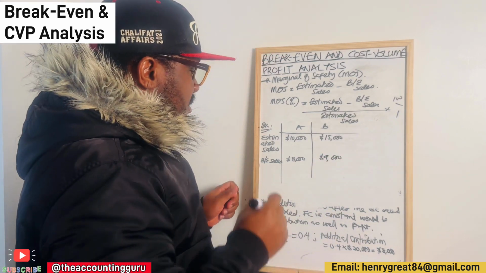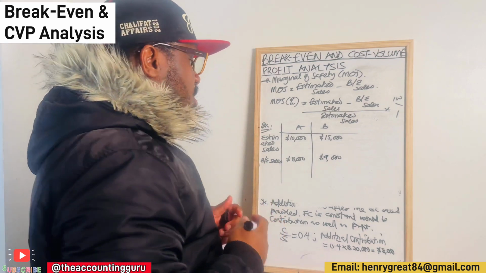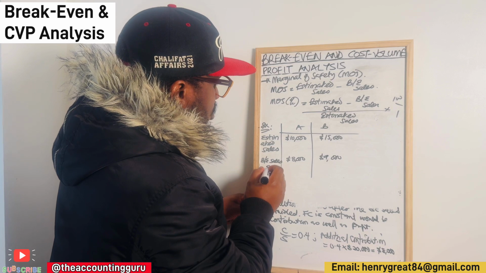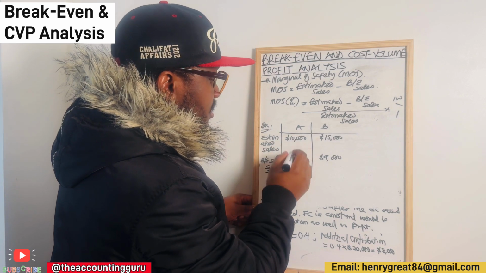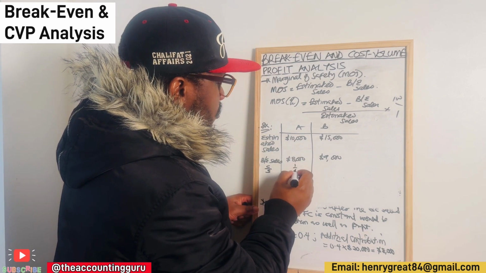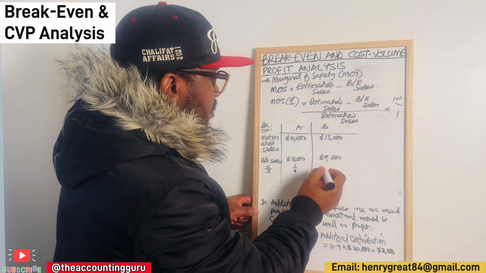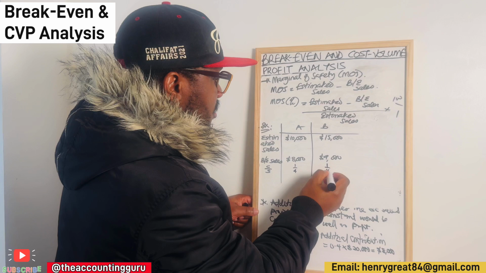If this is the case, the question now goes further to tell you that, okay, let's assume that the contribution to sales ratio for business A is 1/4. The contribution to sales of business B, say, is 1/10.